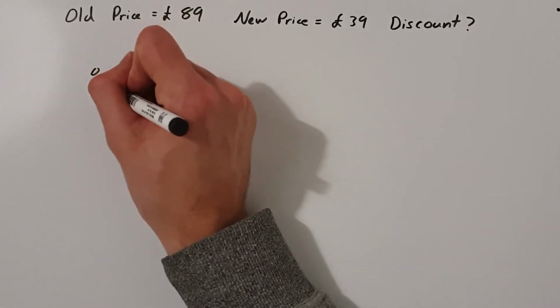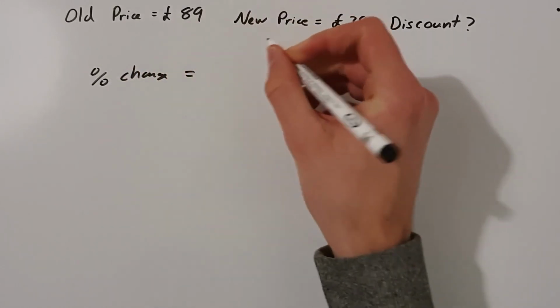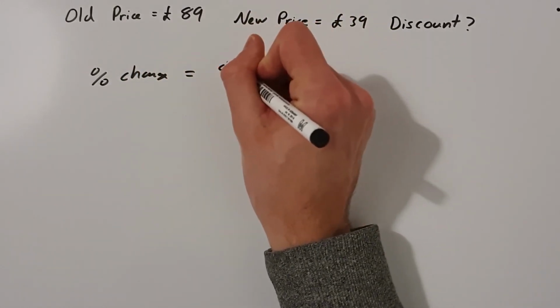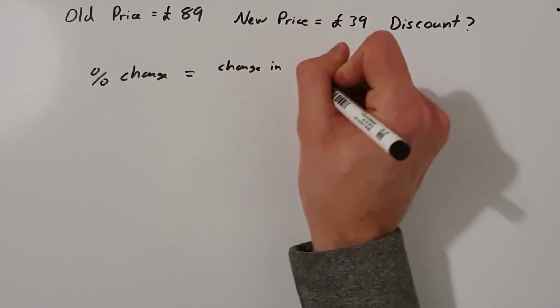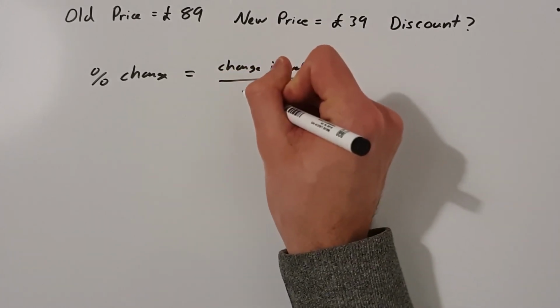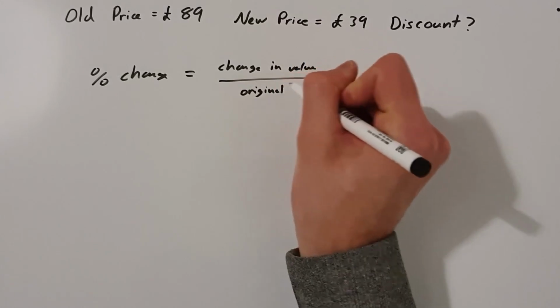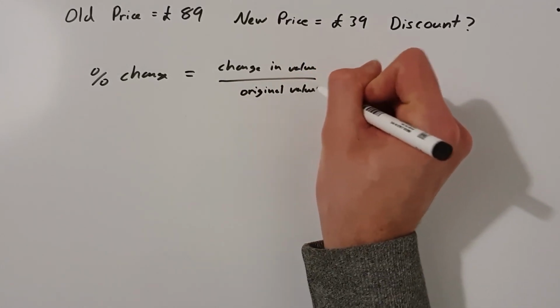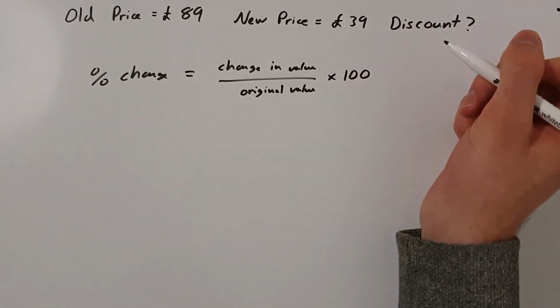The percentage change is equal to the change in value divided by the original value. And then to get the percentage, we would then multiply this by 100.